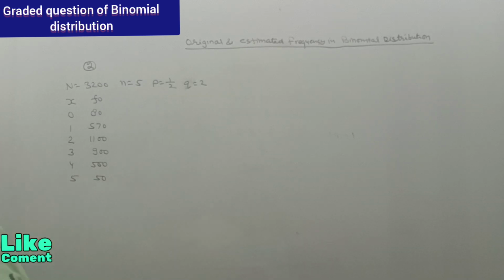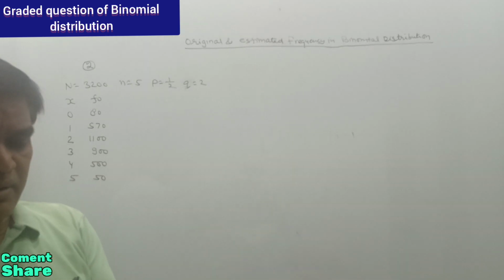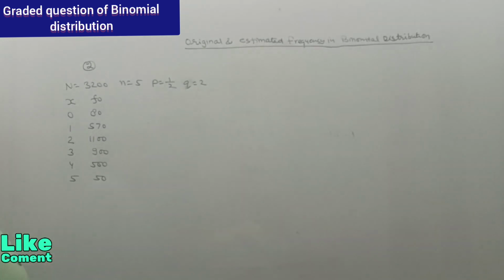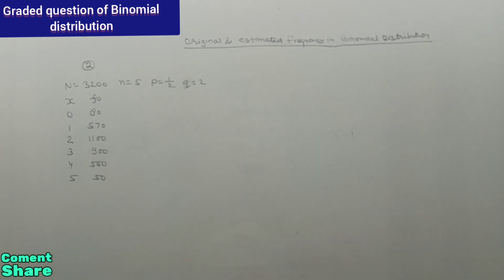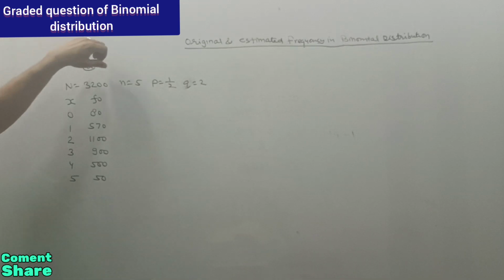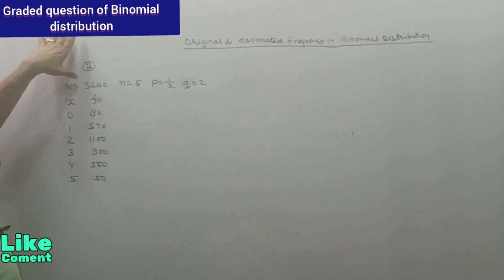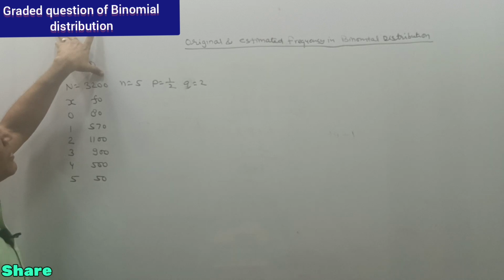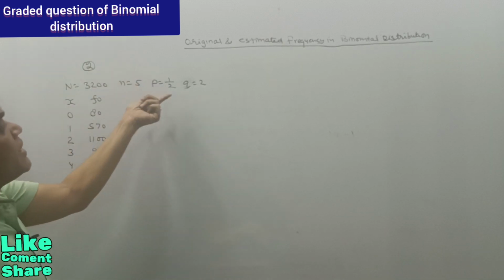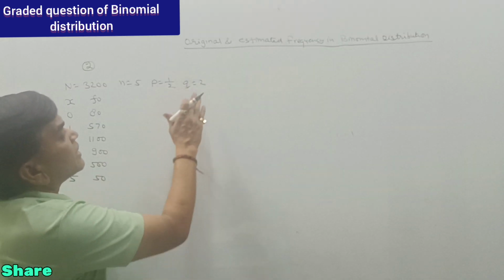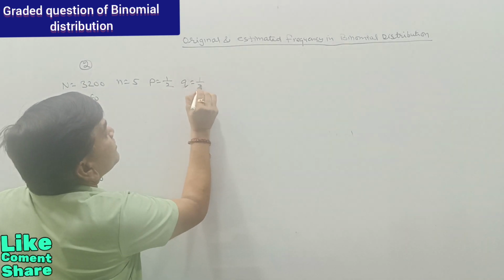Firstly, understand what the question is asking. 5 coins are tossed up to 3200 times. The probability of getting a head is 1/2, and the probability of getting a tail is 1/2.